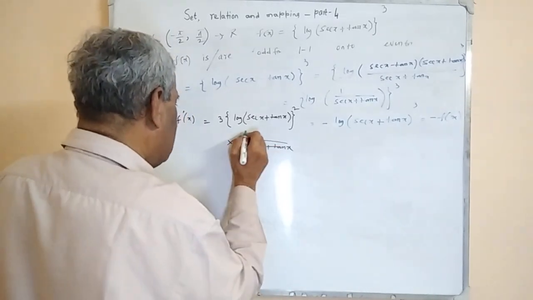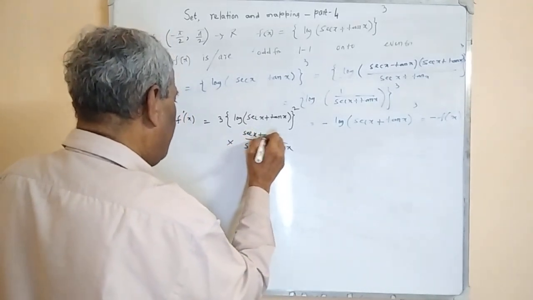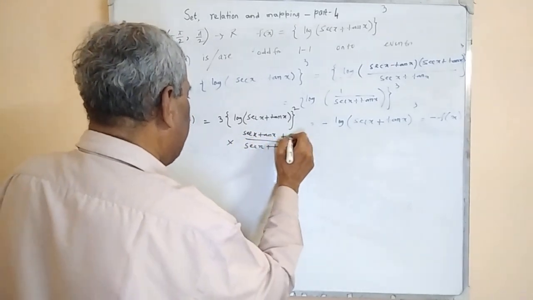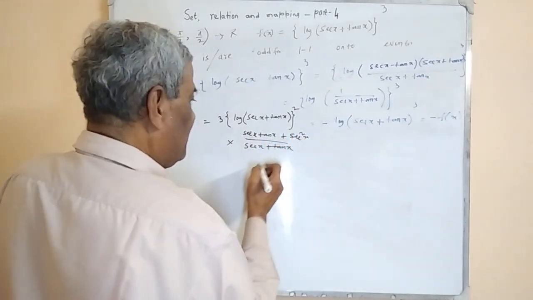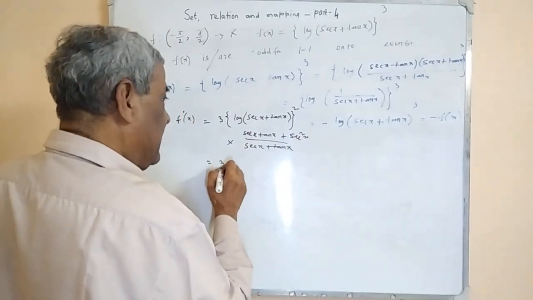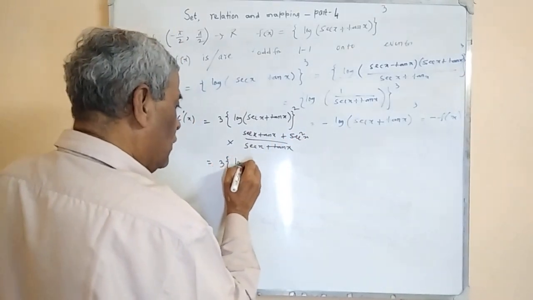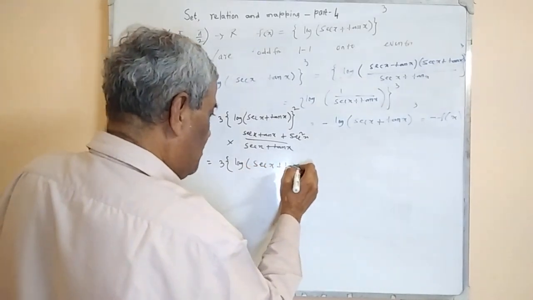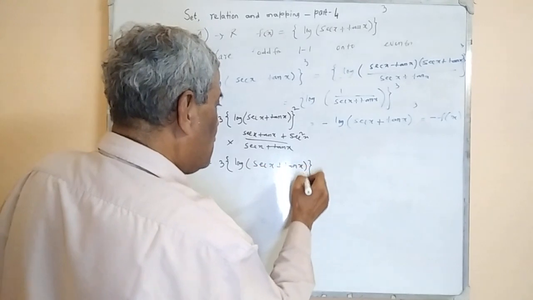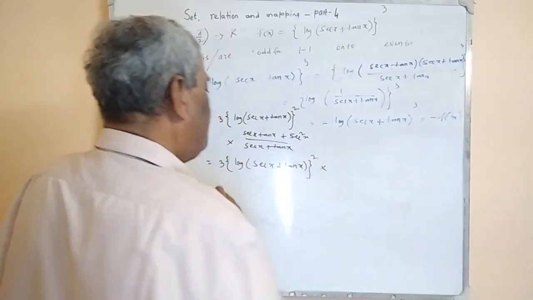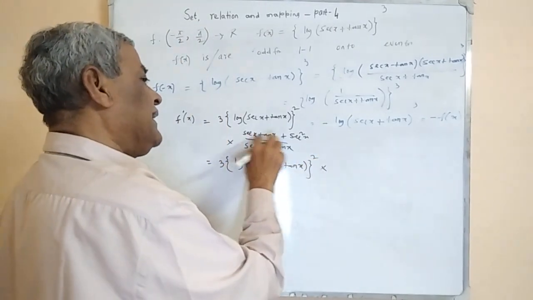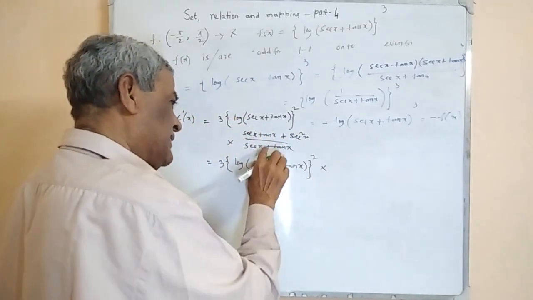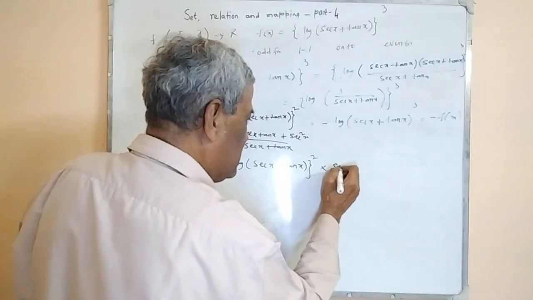Derivative of sec x is sec x tan x. Derivative of tan x is sec square x. So it is 3 times log of (sec x plus tan x) whole square into, taking sec x common, sec x into (sec x plus tan x) cancels. So only sec x.